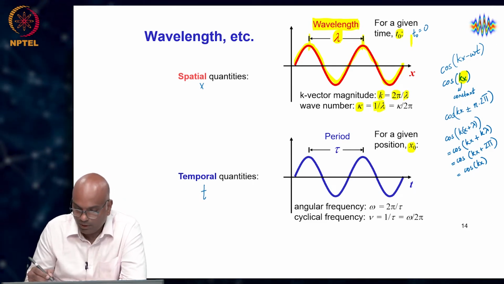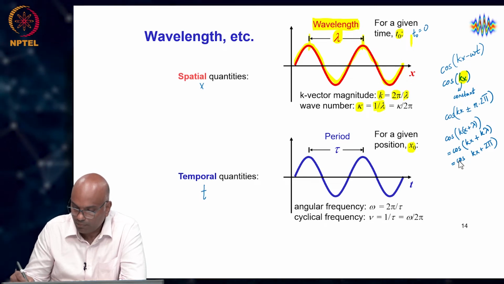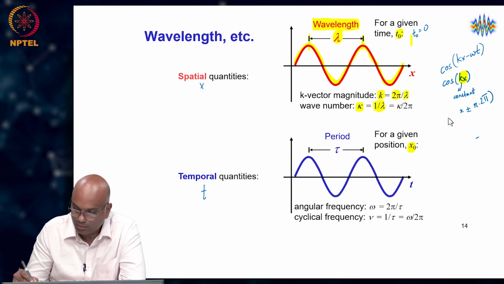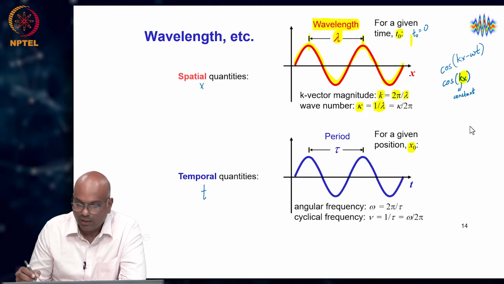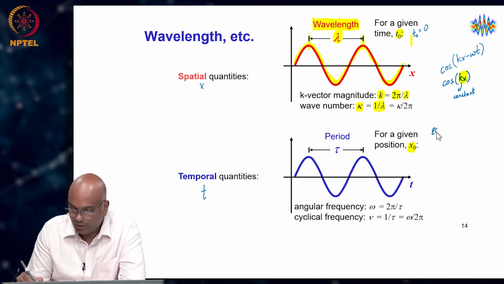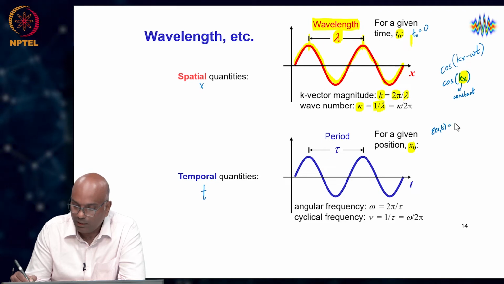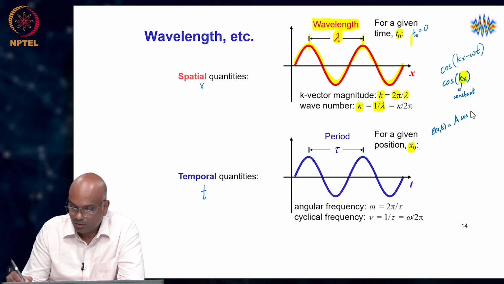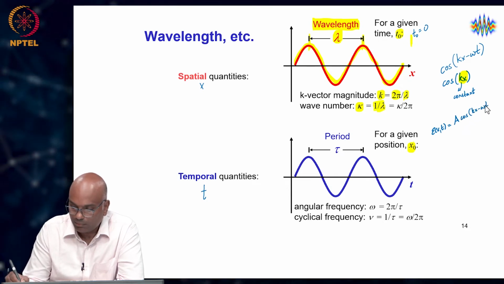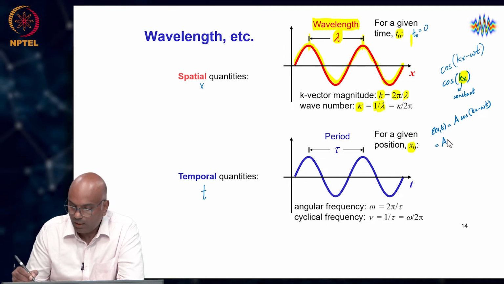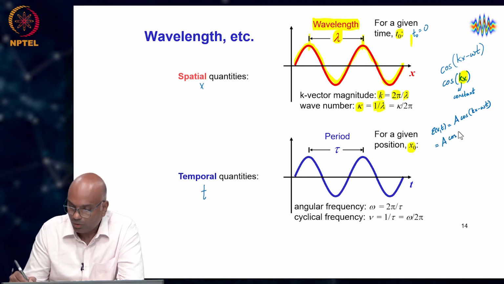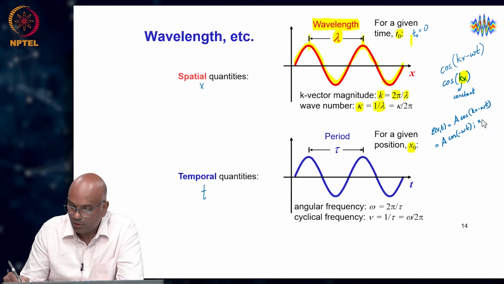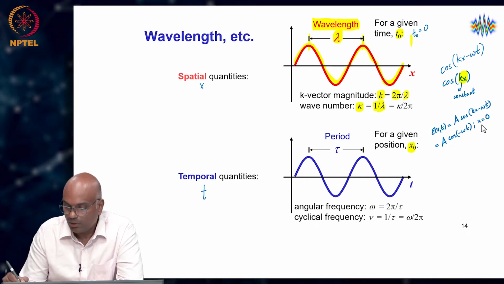So, if we did that, we would essentially have the following. The amplitude function E of x comma t would then be a multiplying cosine of minus omega t for x is equal to 0.